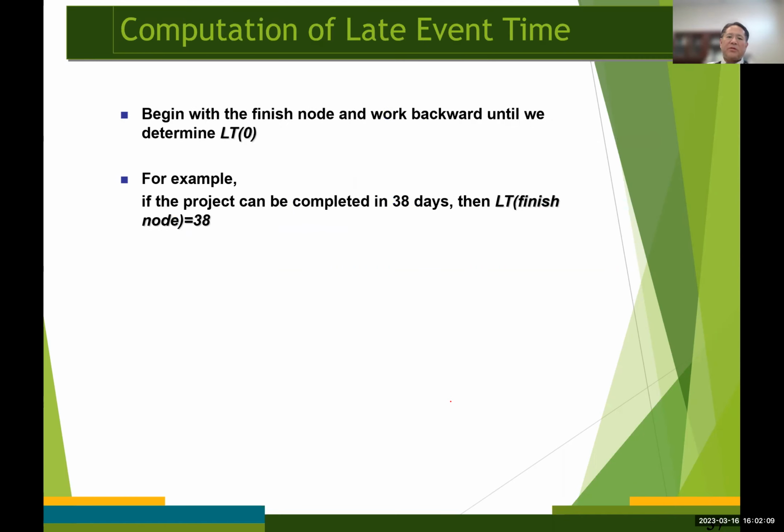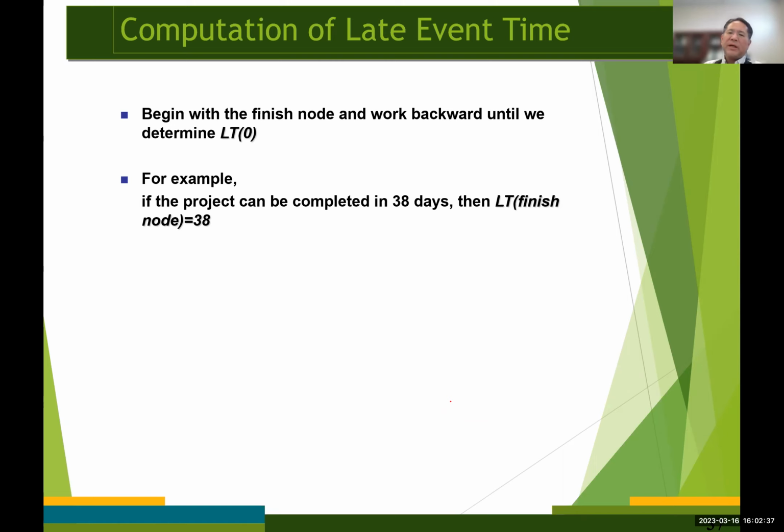Okay, so to find the latest time or the late event time for each node, we begin with the finish node and then work backward, okay? So in descending numerical order until we determine the latest time for the start node, which is node number 0, okay?